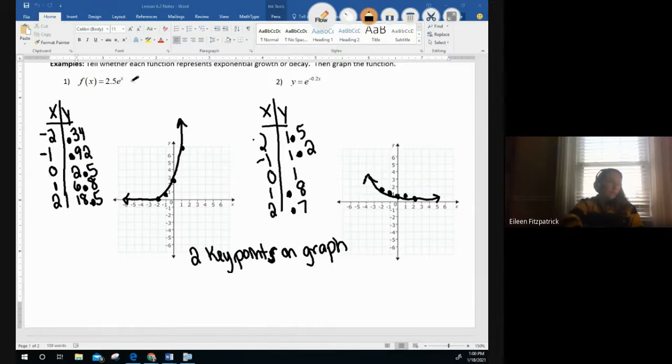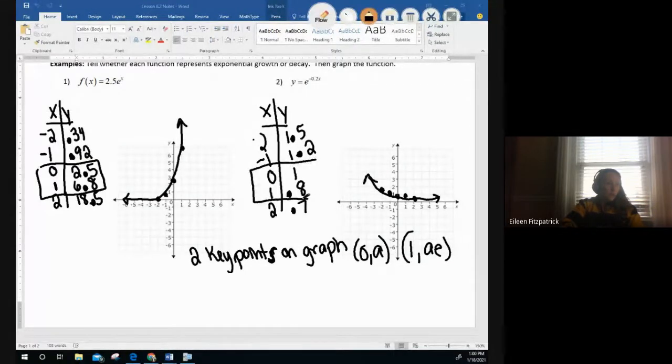Well, I erased the A values and the R values, but if you're looking at your sheet, you're noticing the 2 key points are 0, comma A, and then 1, comma AE.